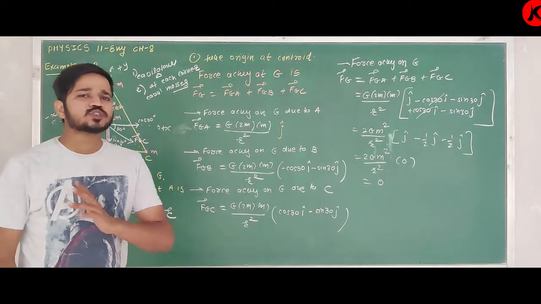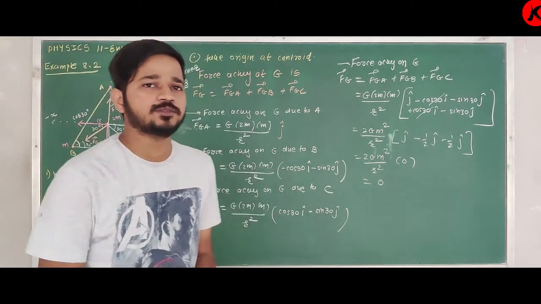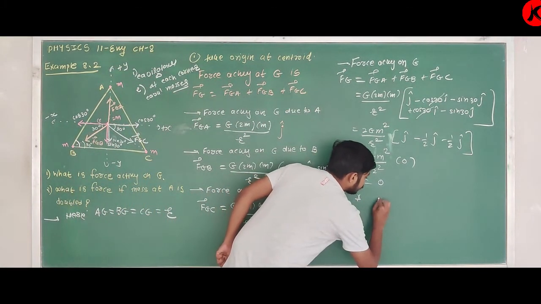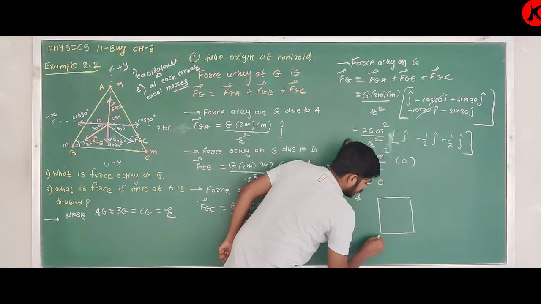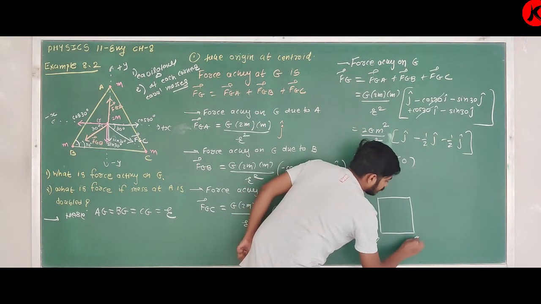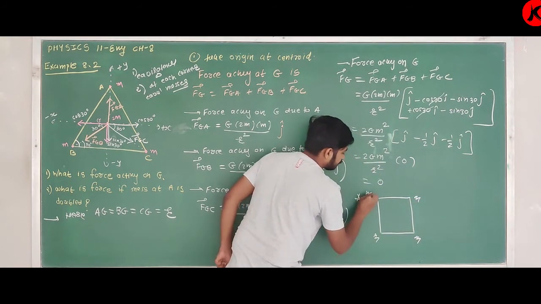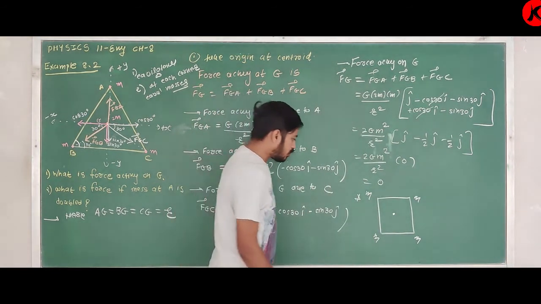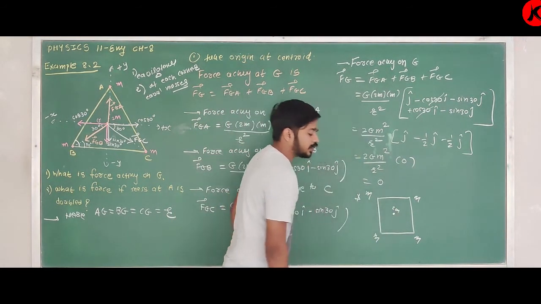And yes, it is true for any symmetrical object. If you are given a square like this, with mass m placed at each corner, what is the force acting at the center?